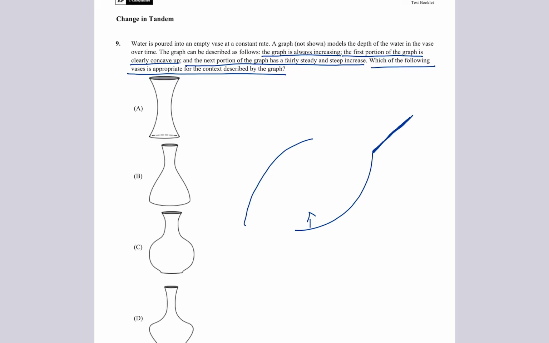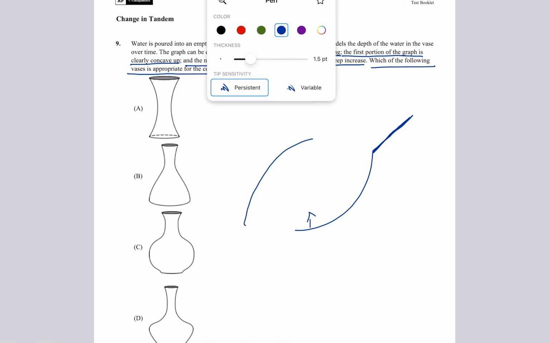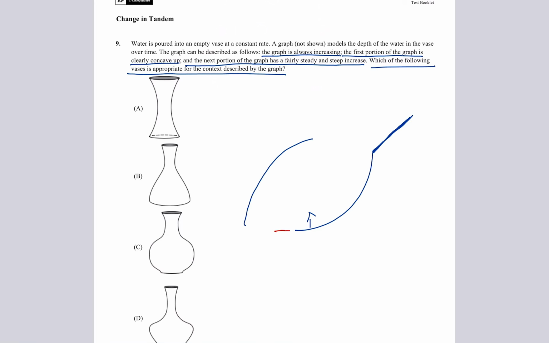Now, if it has a concavity that is upwards, it means that it would take more time for the rate to pick up, right? So let me show you what I mean. If I were to draw a straight line, let's say at this point y equals 1, this has a rate of change which equals 0.